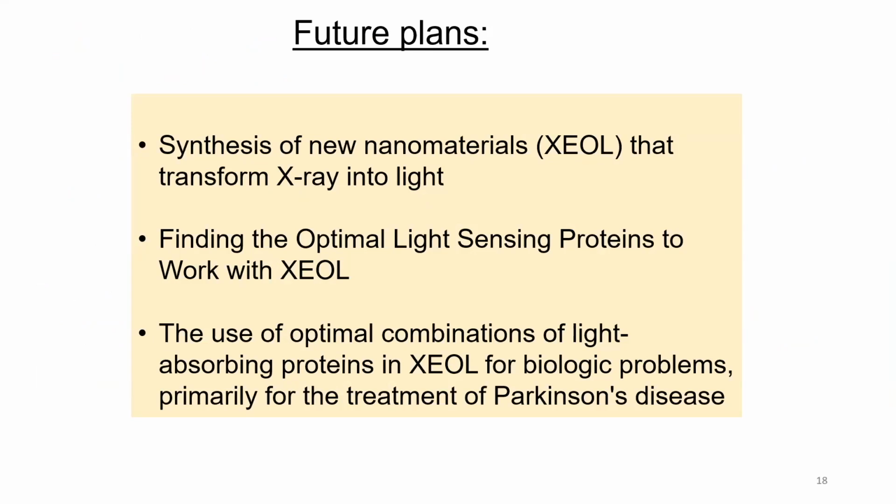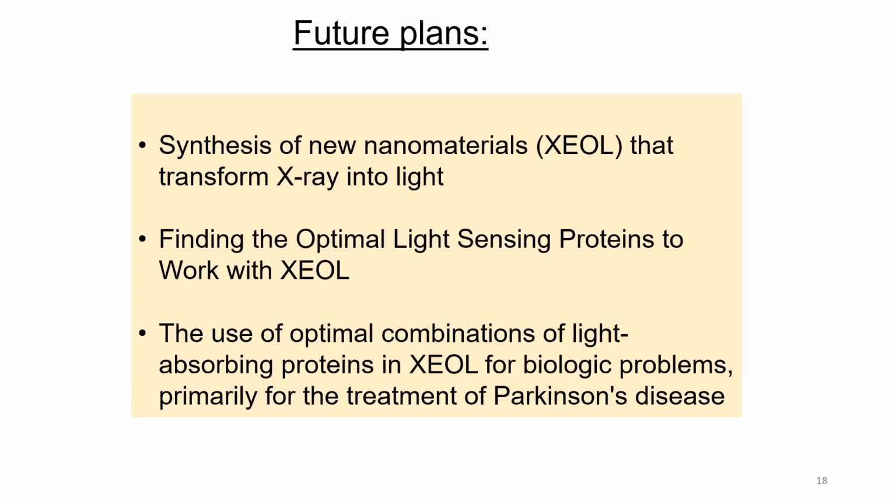So we need to find the optimal light sensing proteins. It can be a different type of channel rhodopsin, halorhodopsin, or some other opsin to inhibit particular neurons or to make them fire more and more.